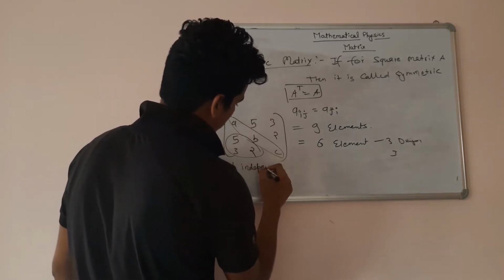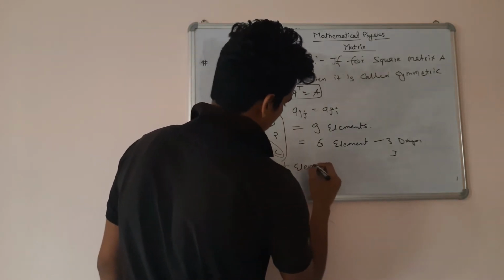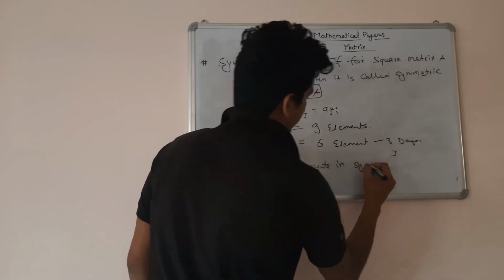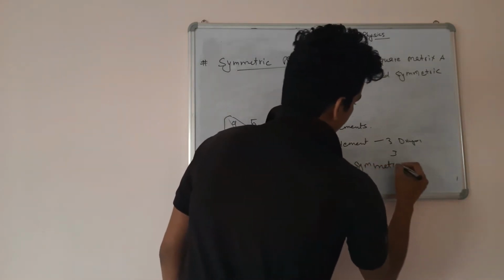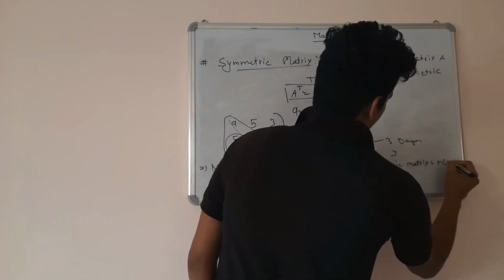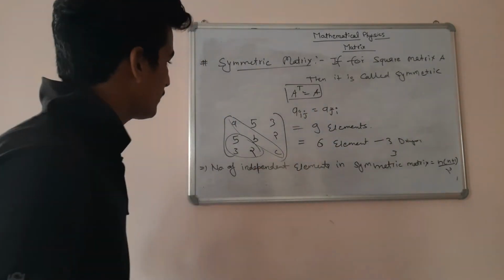So a simple formula for this: the number of independent elements in a symmetric matrix is n(n plus 1) by 2. Let me check this formula.